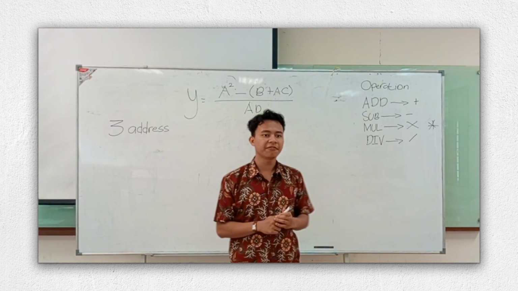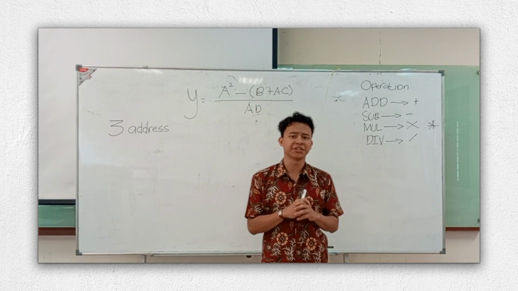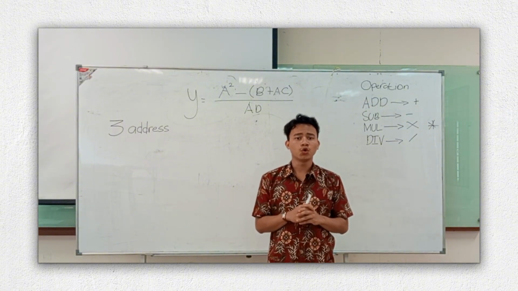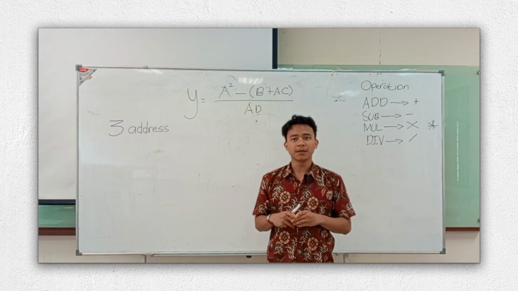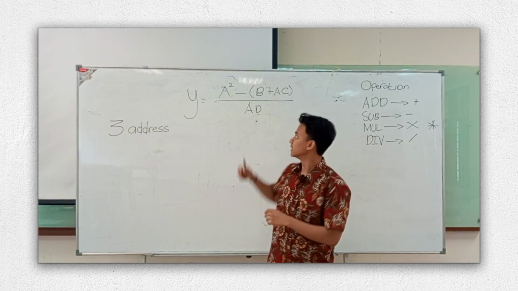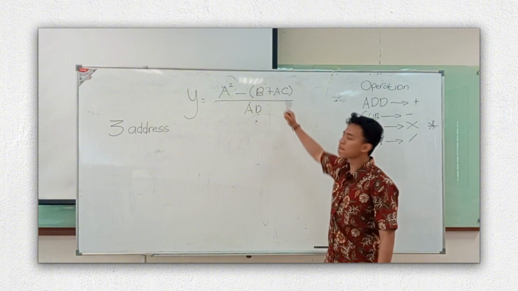To begin with, first we have to understand the priority of operations. We have to know which will be executed first. For example, we have brackets here, we have times, and we have plus.